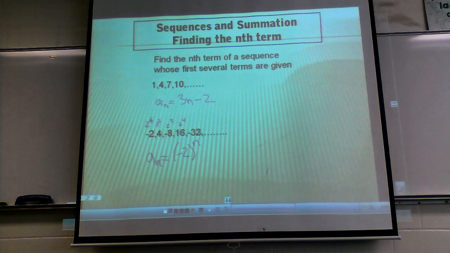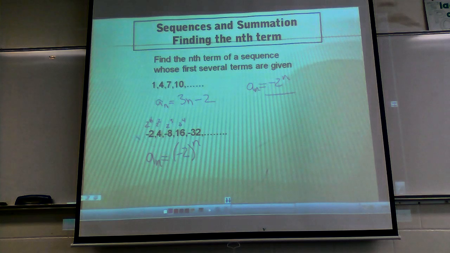The only issue here is you have the alternating sign, which you can put the negative in front of this one as long as it's grouped. If it's ungrouped, remember that negative is going to stick with it every single time. So if the pattern was like -2, -4, -8, -16, you could write it this way. With the alternating signs, you do that.